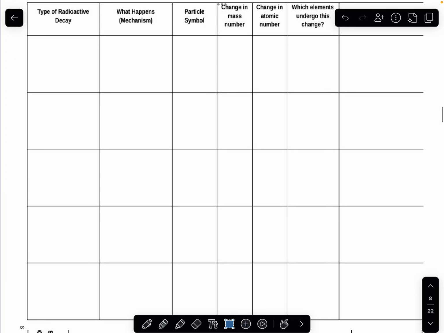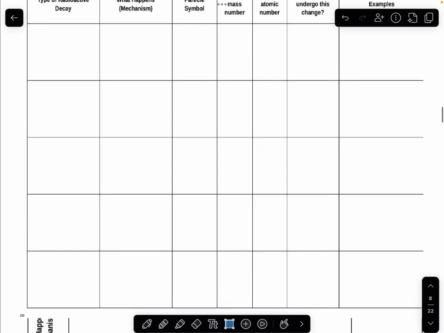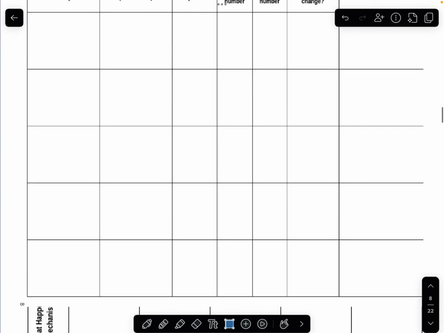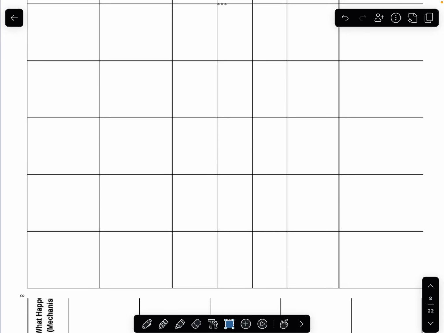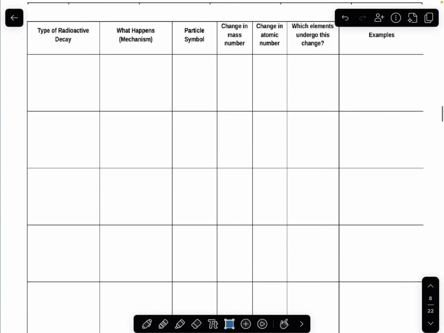There are 5 boxes we are seeing: alpha, beta, gamma, and I'm going to add a few more. There are more, but you have to study only 5. So first we will start with alpha.